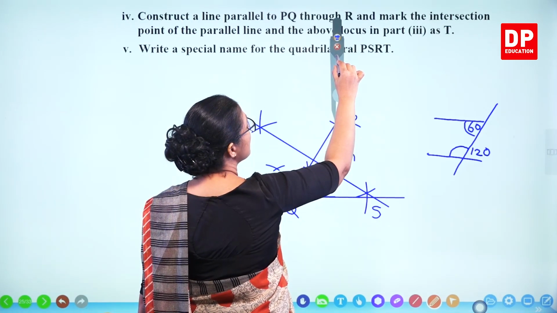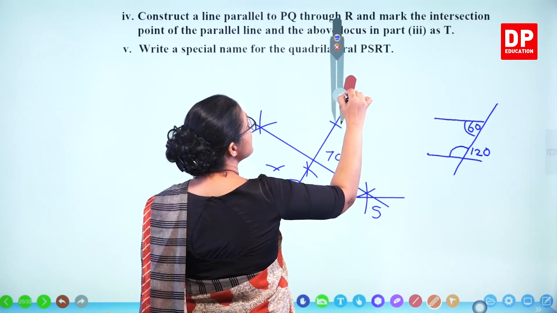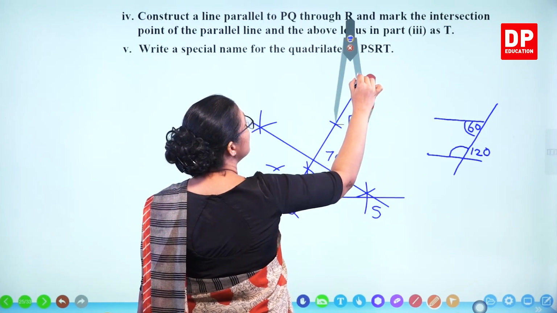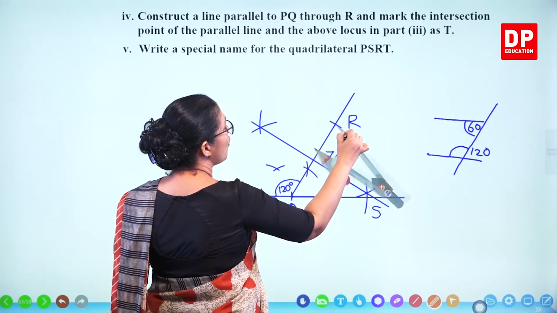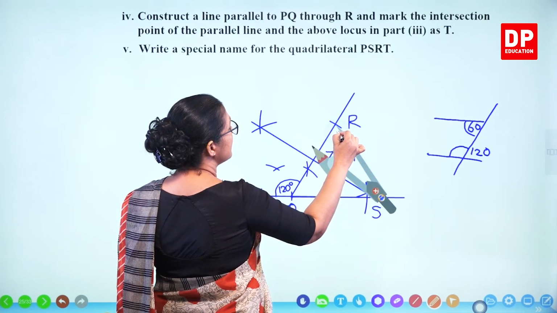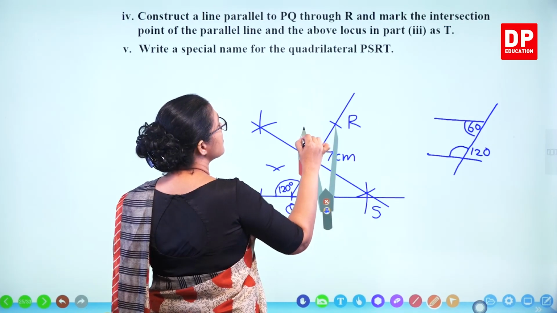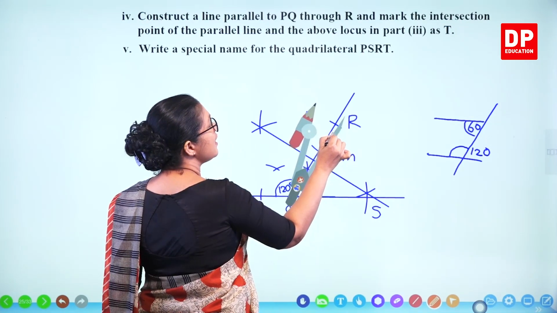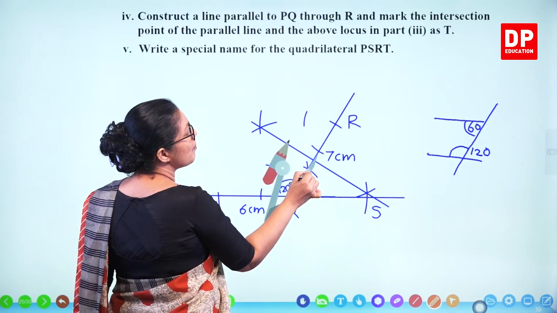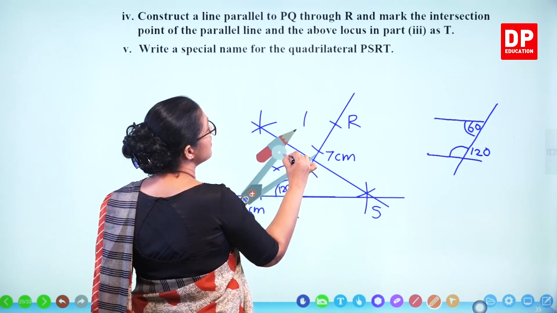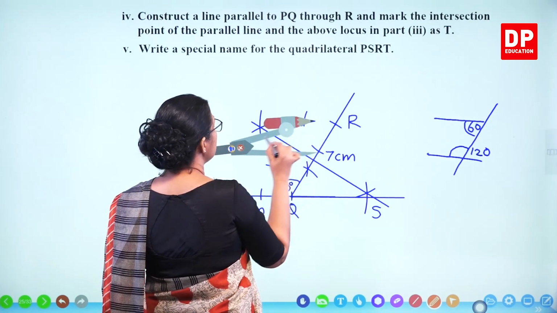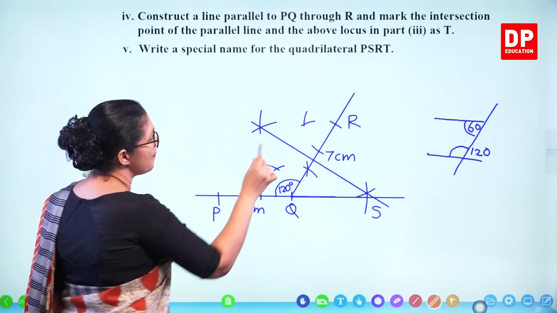So you take the compass, take a certain distance, and you can draw a 60-degree angle here. Draw an arc here, an arc somewhere here, and again keep it on top of this arc and find the intersecting point. So here.